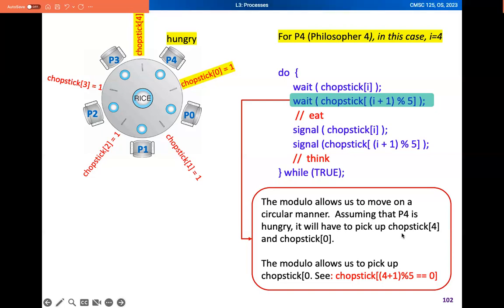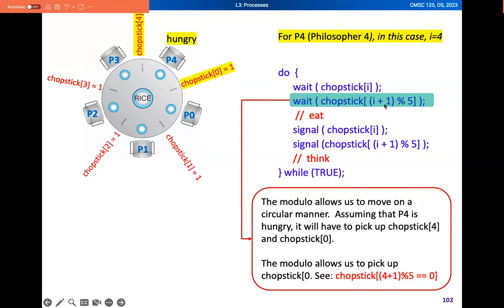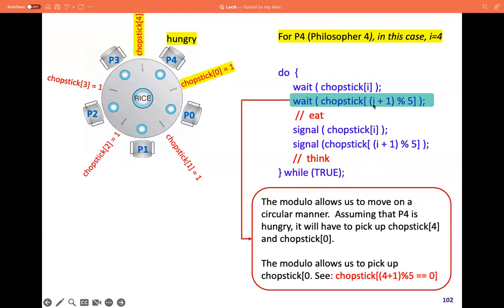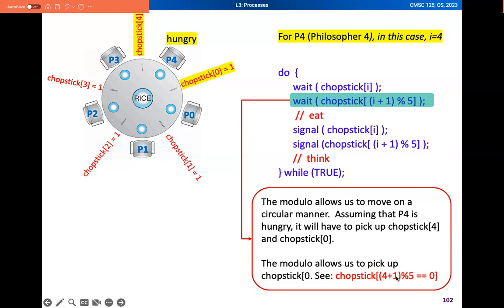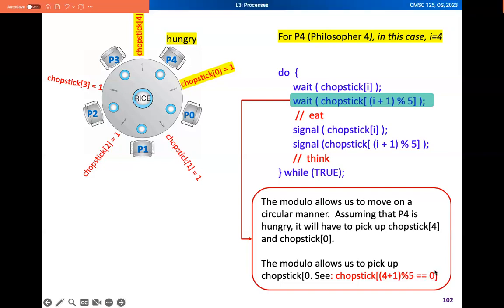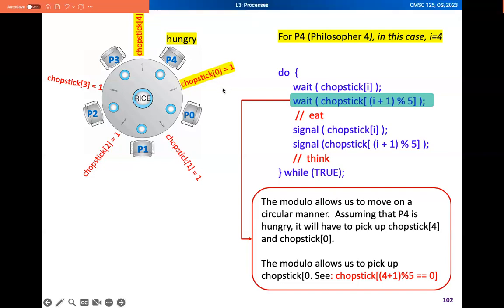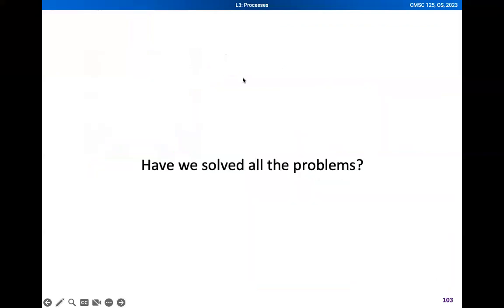So the modulo allows us to pick up the chopstick of 0. If we just have chopstick of I plus 1, that is chopstick of 5, that results in nothing. But if we have 4 plus 1 modulo 5, that results in 0, and that allows us to pick up chopstick of 0.